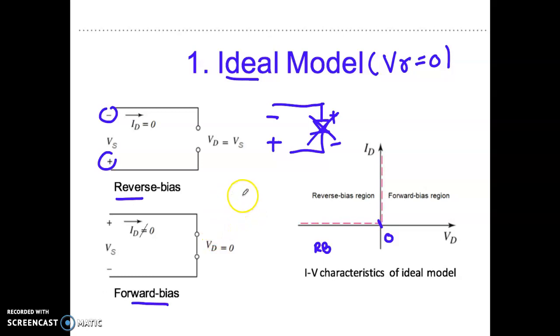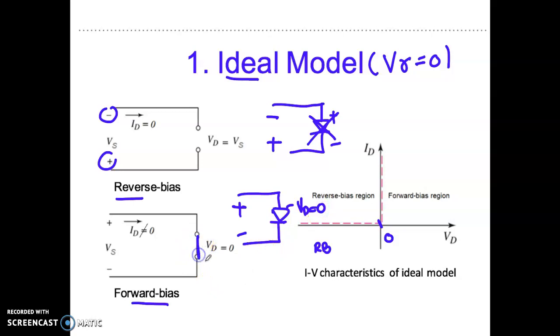How about at the forward bias? At the forward bias, again this is a diode. You apply here plus, minus. So plus will be connected to P, minus will be connected to N. So your diode will become forward bias. But you assume that the voltage drop across your diode is equal to 0. What does that mean?